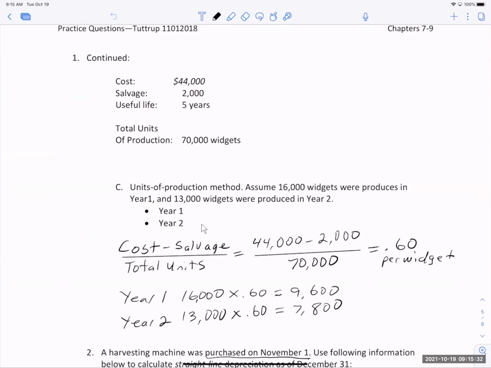Now, in year 2, we assume that we produced 13,000 widgets, right? So in year 2, 13,000 widgets times 60 cents. So we'll be depreciating 7,800. Okay. All right, let's continue on.